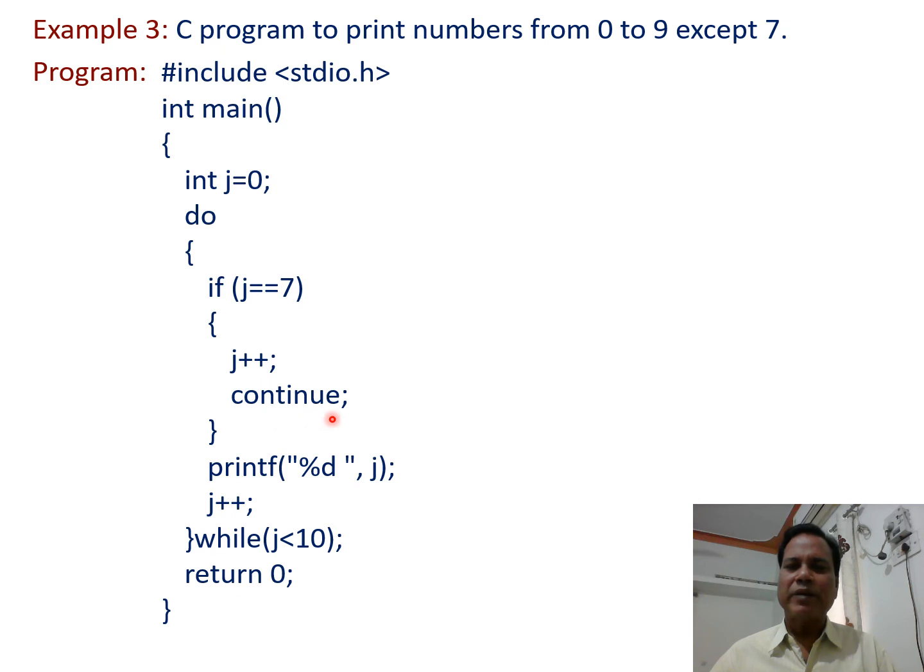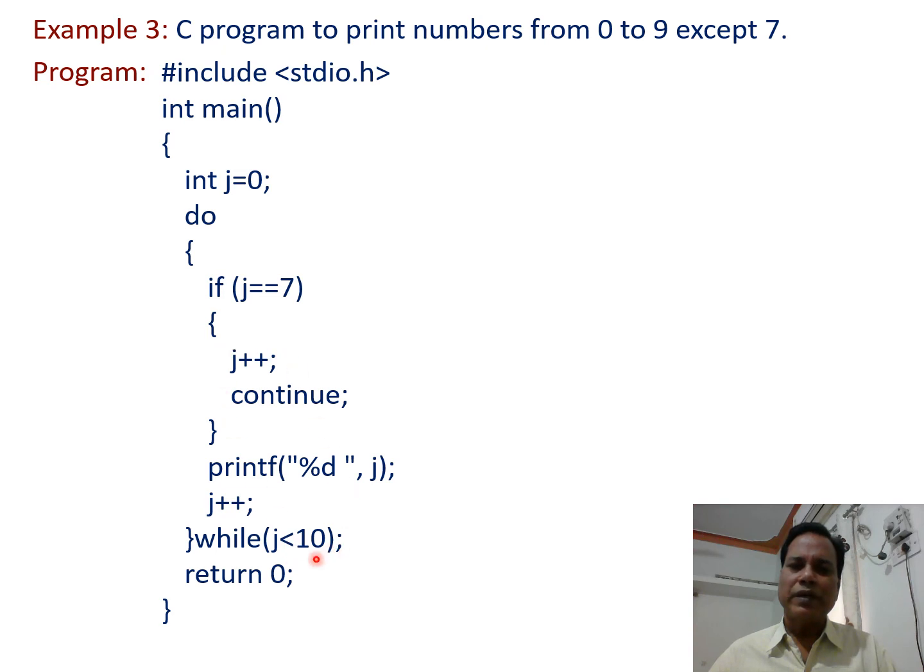The next statement is the continue statement. This continue statement takes the control to the condition of the do while statement, skipping the remaining statements in the body of the do while loop.